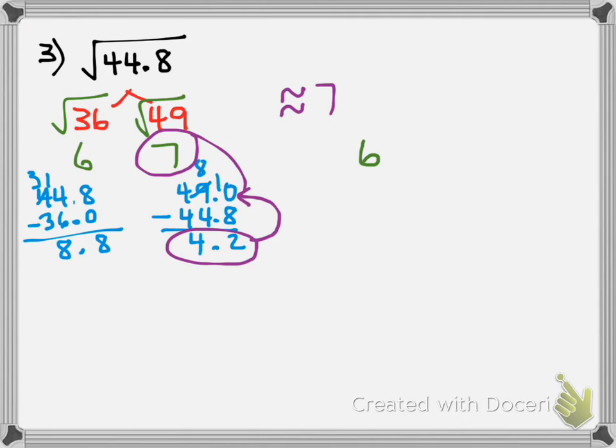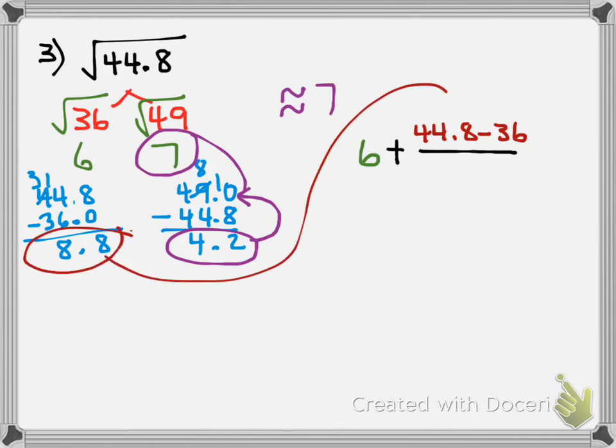So then we're going to add. And in my numerator, we're going to have the 44.8 minus the 36. Again, that's going to be this answer here. So you don't have to recalculate it. You should have it already calculated. The denominator, oh, here, let me color code. So that's this guy.